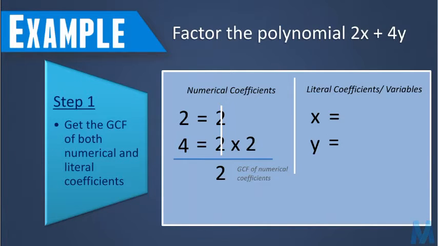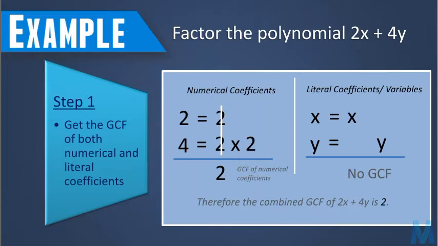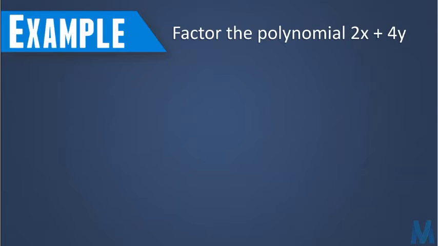So there's no GCF. Okay, therefore the combined GCF of 2x plus 4y is 2. Okay, supposedly, kung may ara gid man ta ni GCF ang variables, so i-combine ta na siya sa 2. Kay wala man sang GCF ang aton nga variables or ang aton nga literal coefficient, so 2 lang ang aton nga GCF.